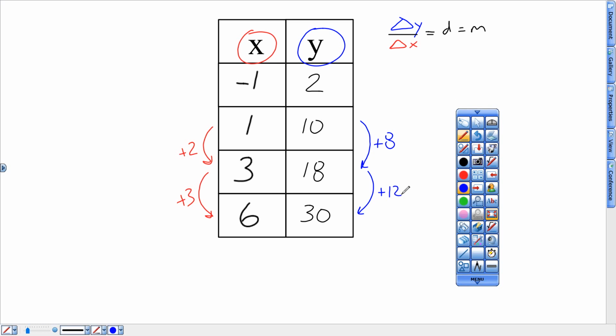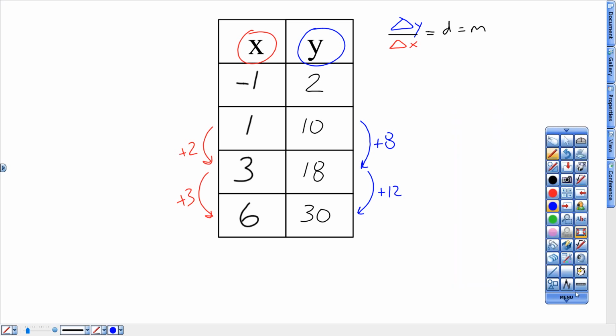If I divide any of those pairs, it will give me my rate of change. It will give me my slope. So if I divide 8 by 2, it will give me my common difference, my slope, 4. Or I could use that other chunk, dividing 12 by 3, to get that same 4.